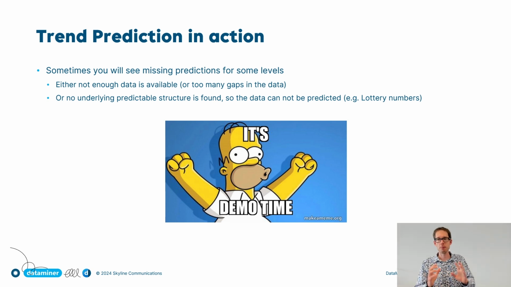Say that you input the first lottery number of the past 5,000 weeks. So you have 5,000 points to train your model. Well, you're still not able to predict that lottery number of next week, simply because this data is completely random. There is no underlying predictable structure. If we detect that your data does not have an underlying predictable structure, we will not show a prediction.